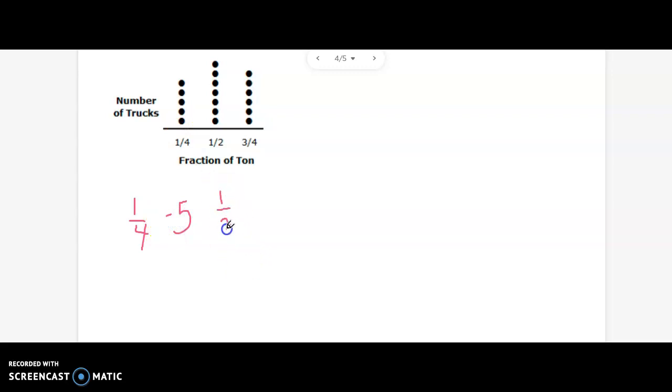For the amount of 1/2, there are 1, 2, 3, 4, 5, 6, 7 trucks that carry 1/2. And for the amount of 3/4, there are 1, 2, 3, 4, 5, 6 trucks that carry 3/4 of a ton. Now, there's a couple ways we can do this.